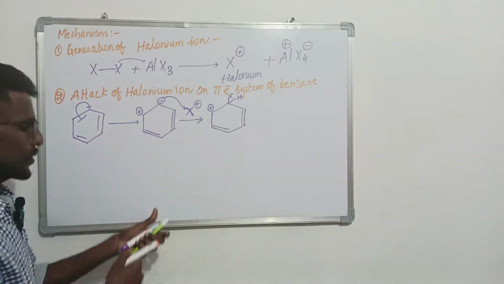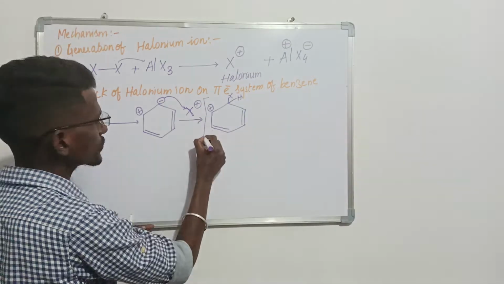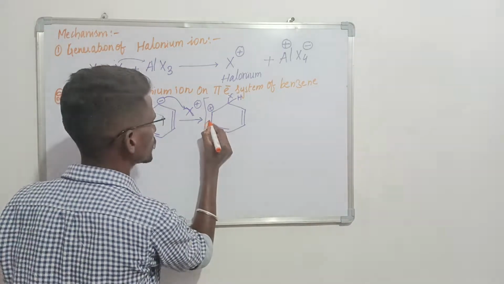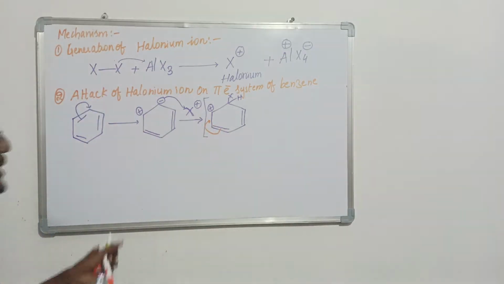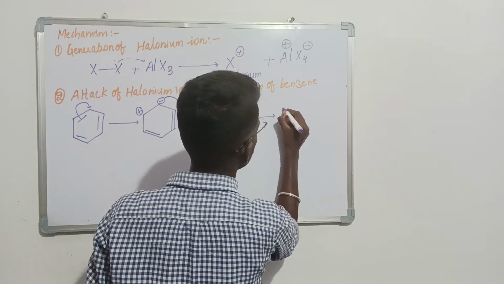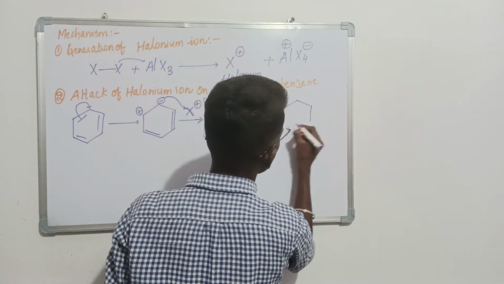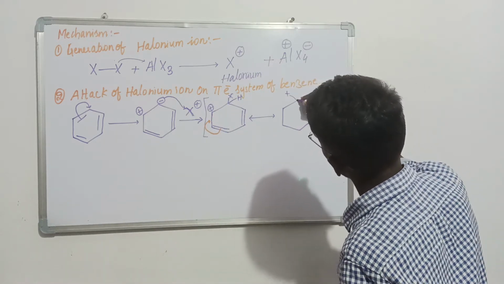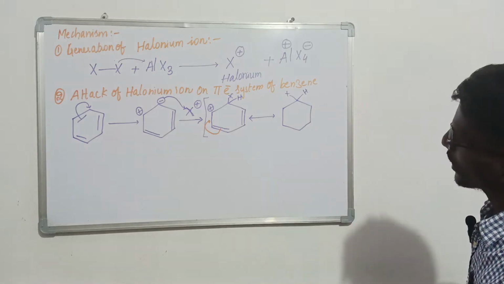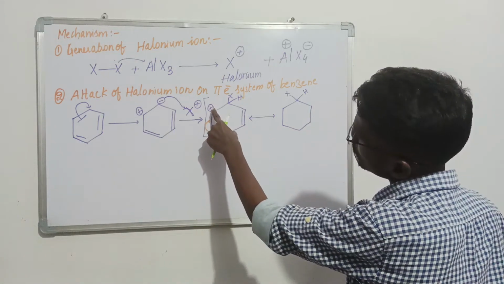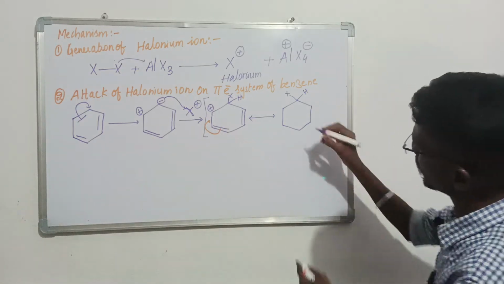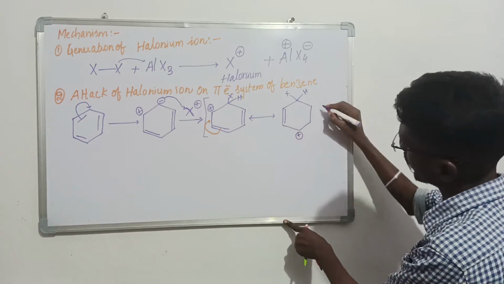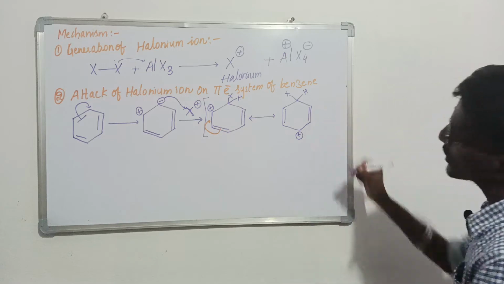To neutralize the positive charge, the electrons are shifted towards this carbon atom and it is converted into this derivative. X will be formed here, hydrogen here, and the positive charge will be neutralized by this bond. Hence the double bond system will be formed over here and the positive charge over here.